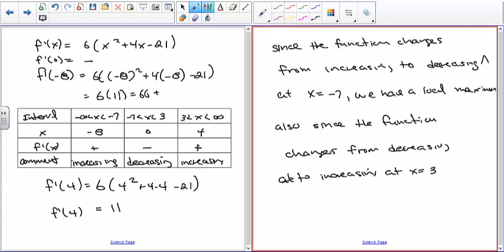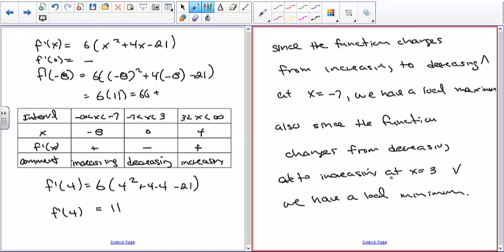Since the function changes from decreasing to increasing at x equals 3, we have a local minimum.